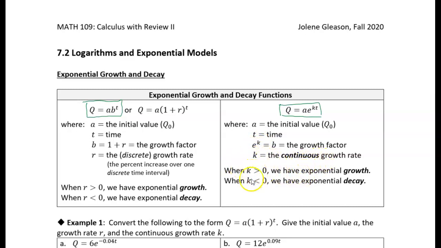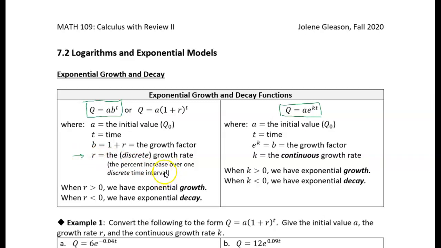So when k is greater than 0, you have exponential growth, and when k is less than 0, you have exponential decay. All right, so both of these are actually continuous functions. It's just that this equation on the left is often used to model discrete growth, like compound interest, and so this growth rate is considered a discrete growth rate, but it's still a continuous model.